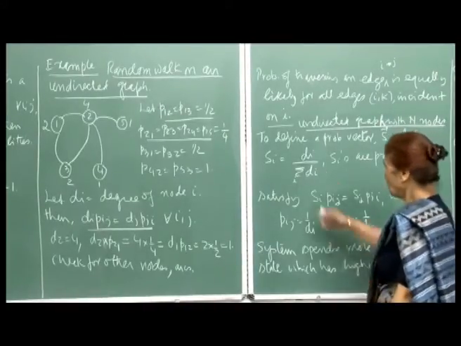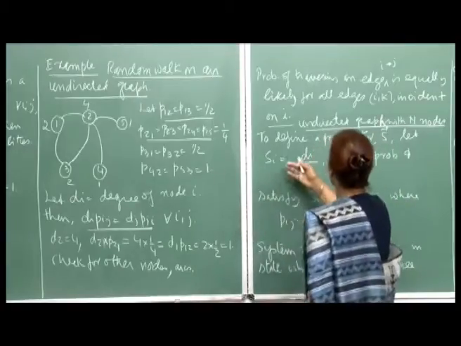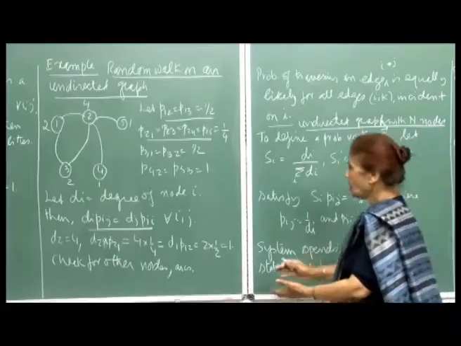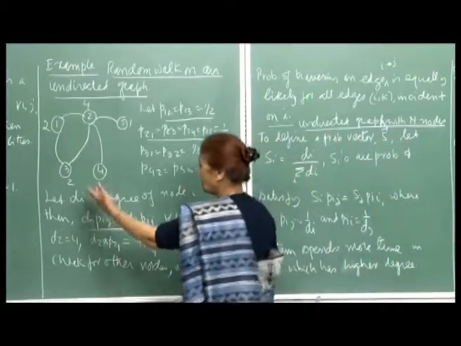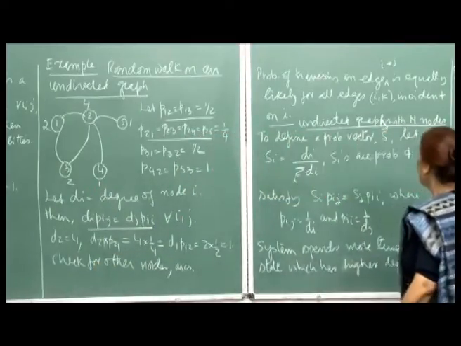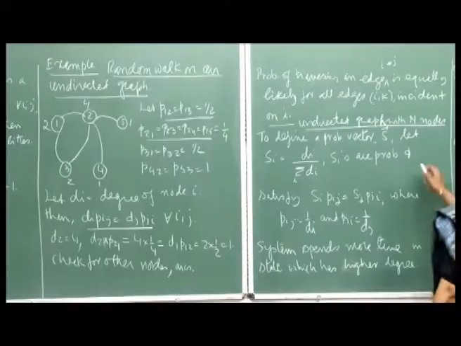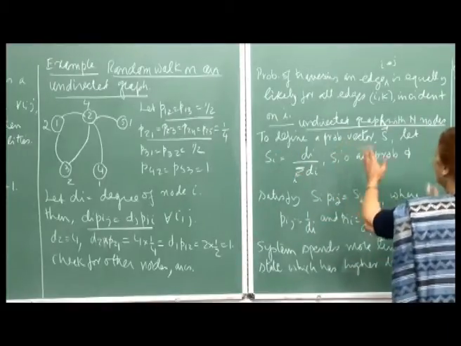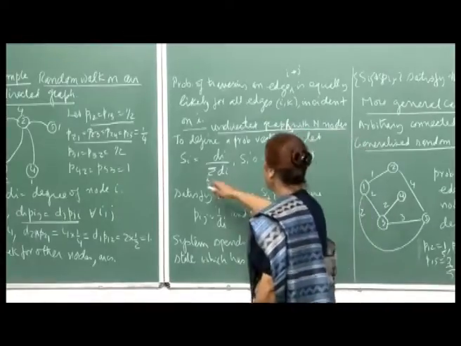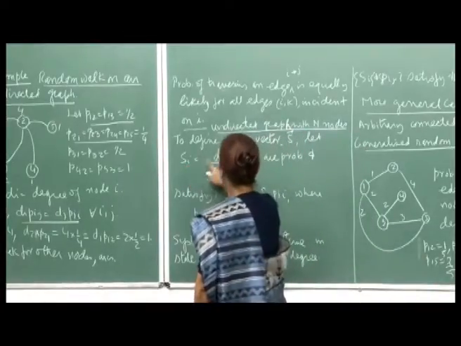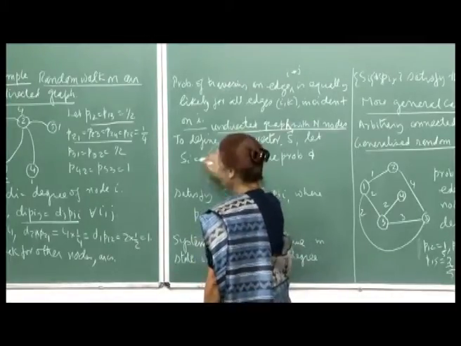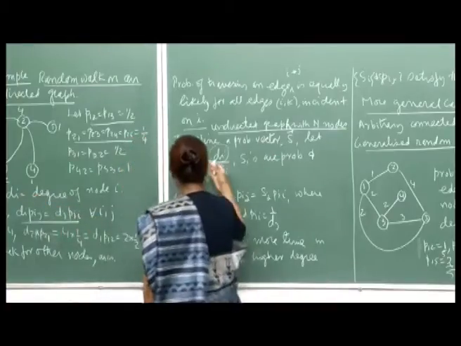And so, now let me generalize this discussion, and I will give you a process of writing down the corresponding state vector and how you define the transition probabilities. So, take an undirected graph now with n nodes. Okay. Just take the general case, and we will define the probability vector S by saying that the ith component of the state probability vector is d_i upon sigma d_i. So, you take the degrees that we had defined here, and now we are just normalizing.